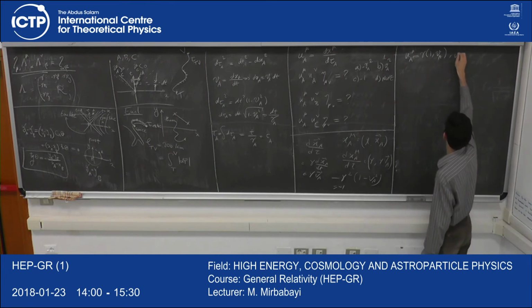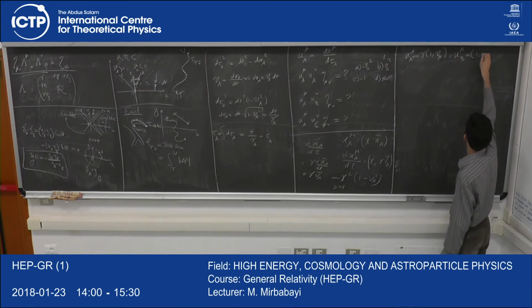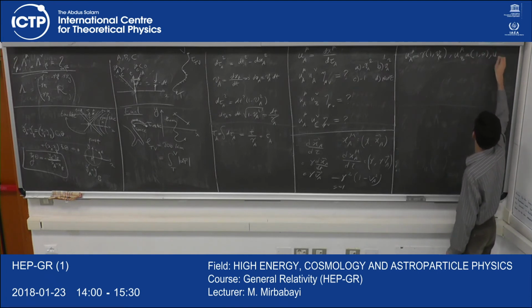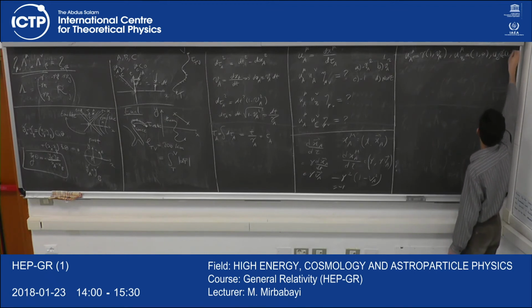For B, what we get is 1 and 0, and for C it will be just gamma_C times 1 and V_C.